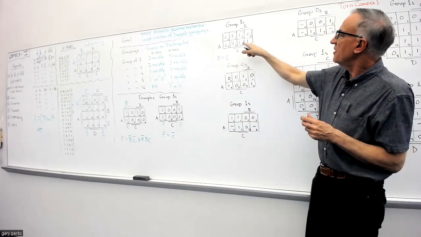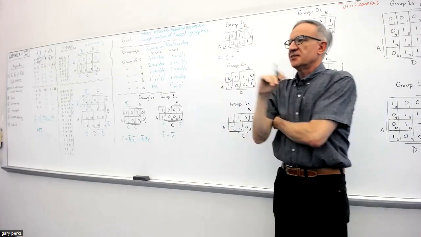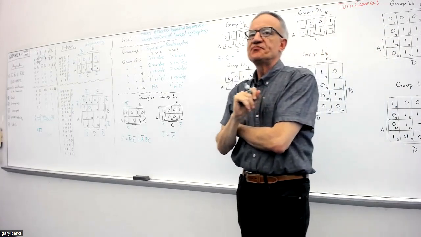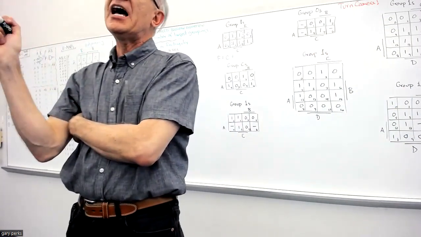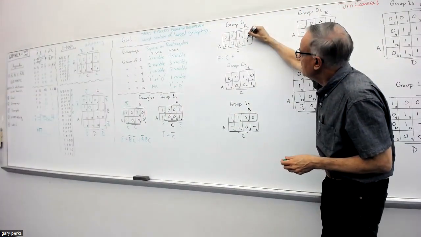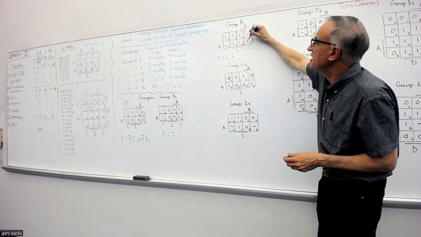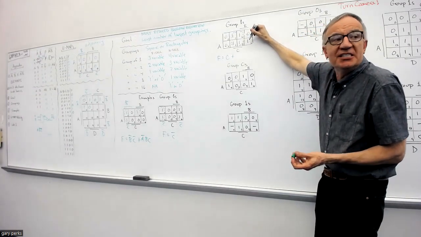Okay. Now we have this other one, so it's going to be another term. Now here's the reason why I have this example. Groups can overlap. If we just did this one as a single grouping, that would give us a 3 variable term. But you see, we can overlap.